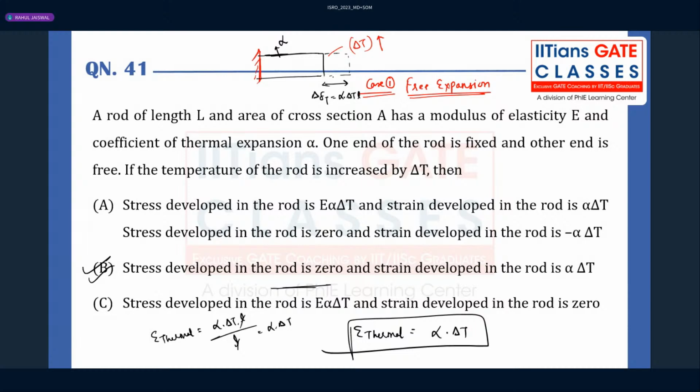To be precise, the strain is epsilon x, epsilon y, epsilon z, if you consider this to be x, this to be y, this to be z. So make a note of it.